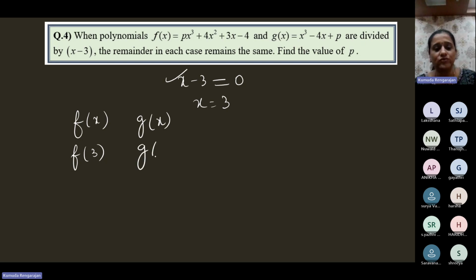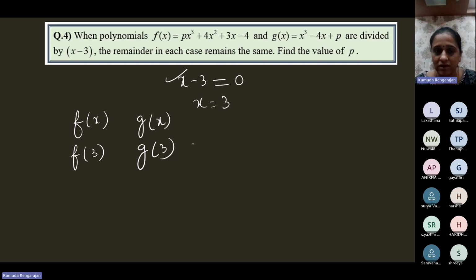Similarly, when you find g of 3, because both f of x and g of x are divided by x minus 3, x minus 3 is the divisor for both the dividends. So when you find g of 3, it will give you the remainder when g of x is divided by x minus 3.